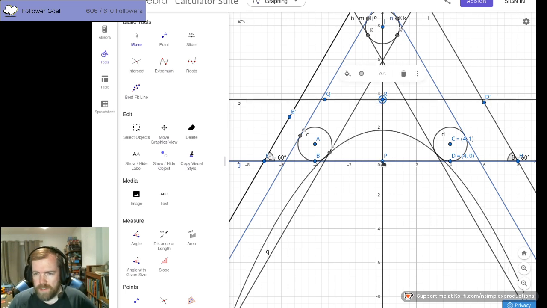Alright, if we maintain that 0, 0 should be the focus, then the directrix needs to be somewhere around 3.6, 3.7, in order to get our parabola to correctly intersect with the circles. Well, makes it interesting anyway.